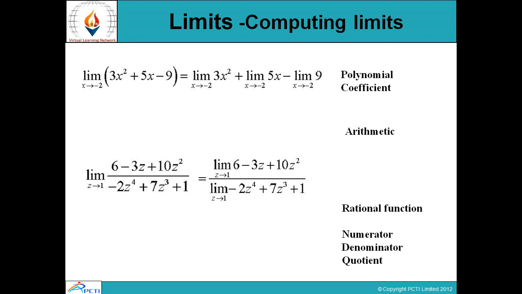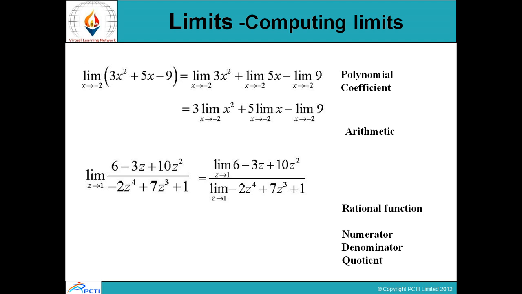Now we can write this kind of form: limit as x tends to minus 2 of 3x square plus 5x minus 9 is also written as limit as x tends to minus 2 of 3x square plus limit as x tends to minus 2 of 5x minus limit as x tends to minus 2 of 9. It is known as the polynomial coefficient rule, which is equal to 3 times limit of x square plus 5 times limit of x minus 9, as x tends to minus 2.